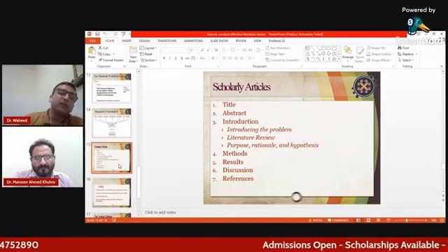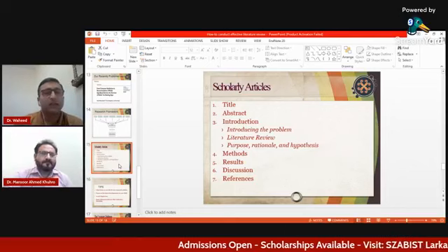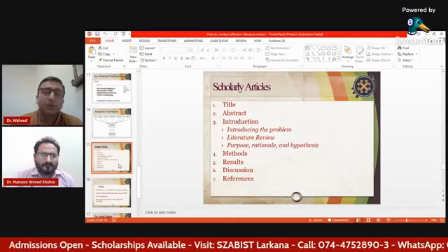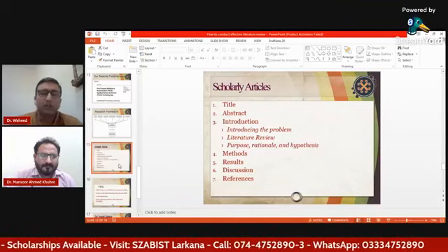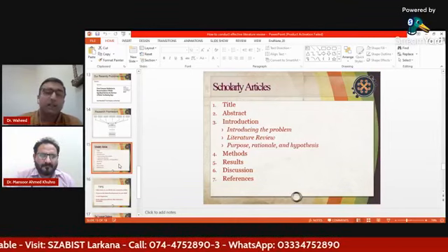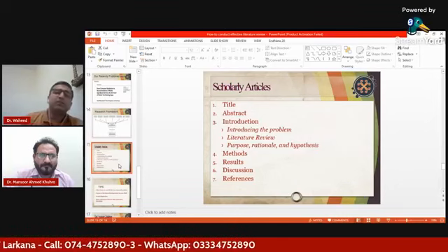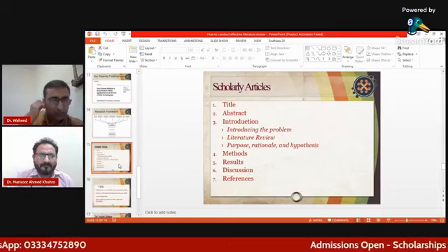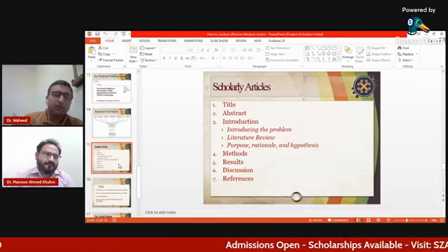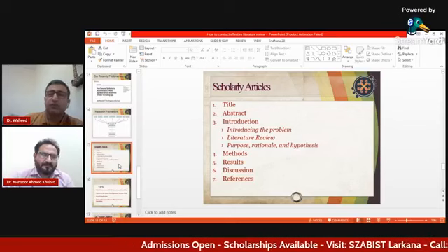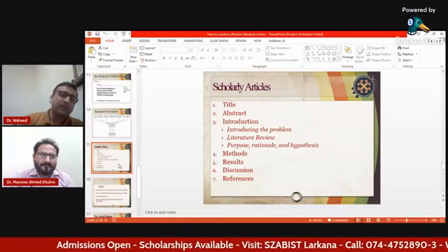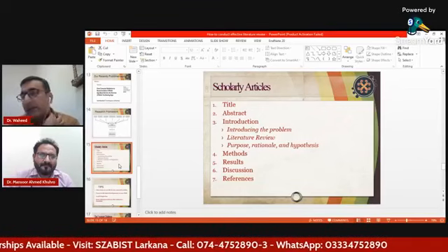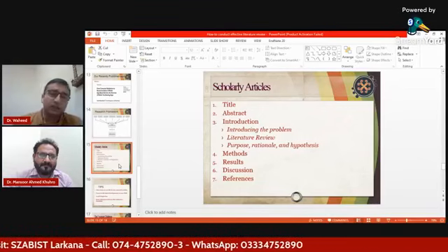We start with the article title, then abstract, introduction, where we introduce the problem that we are trying to address, and then literature review and its purpose, rationale, and development of hypothesis. And accordingly we start with the methodologies, which methodology would be suitable for the research, the results, discussion, and references. So these are all the segments that you would find in any scholarly research article.